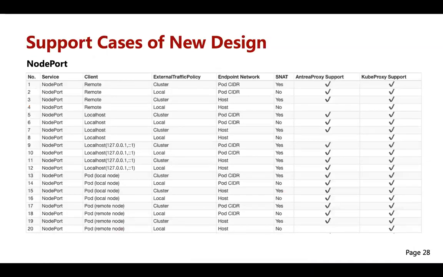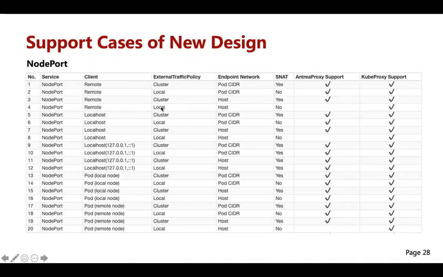Okay, here are the supported cases of the new design. In this case, for NodePort or load balancer, its external traffic policy is local, and its endpoint is on the host network.